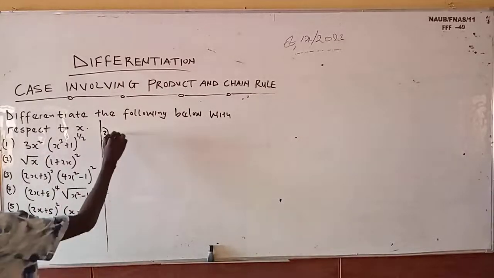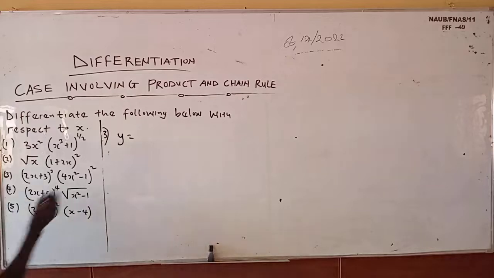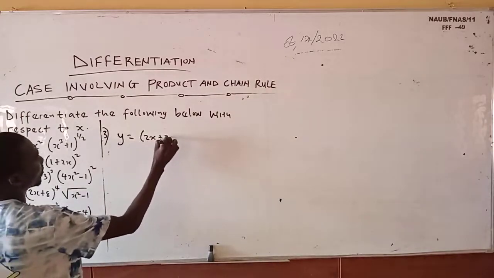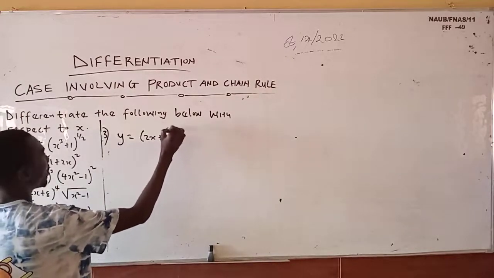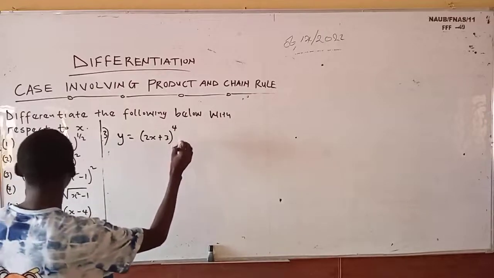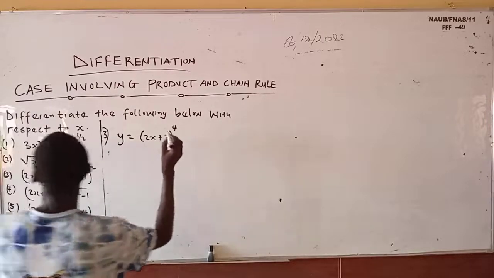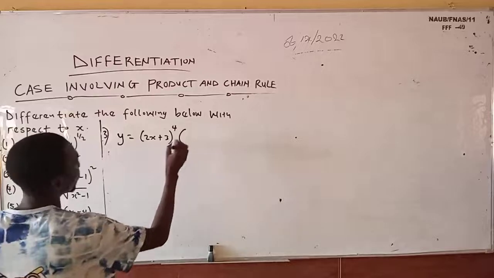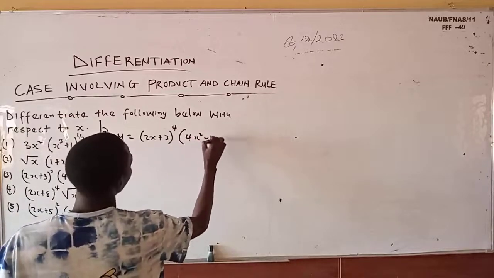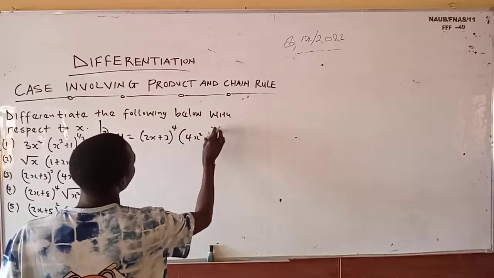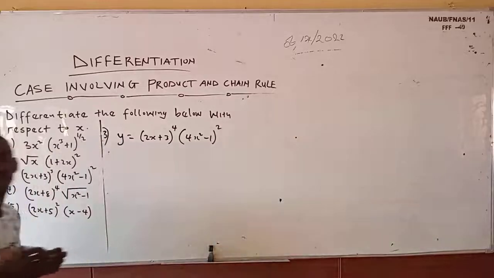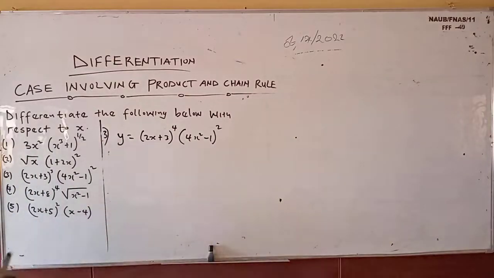Question number 3 is y equals to 2s plus 3 all to the power of 4, and then square root of, okay, into 4s squared minus 1 all squared. Yeah. So that is question number 3.